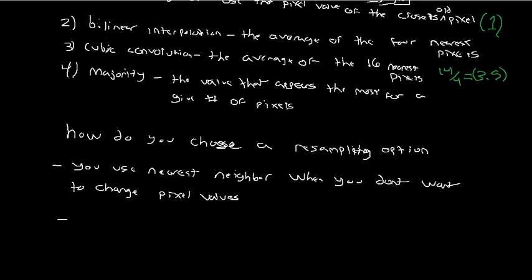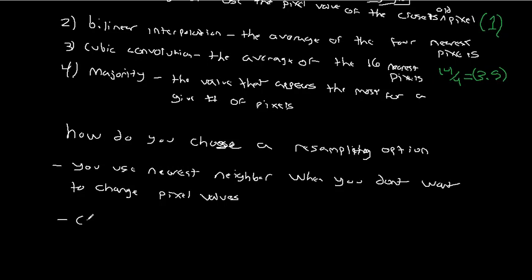Because bilinear interpolation and cubic convolution both take the average, you're generally going to want to stick with bilinear interpolation unless you really want to smooth out sharp values in your image.